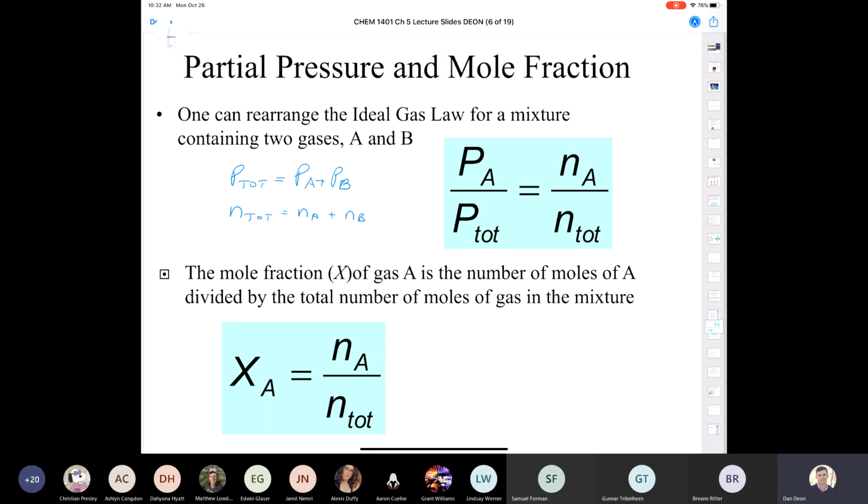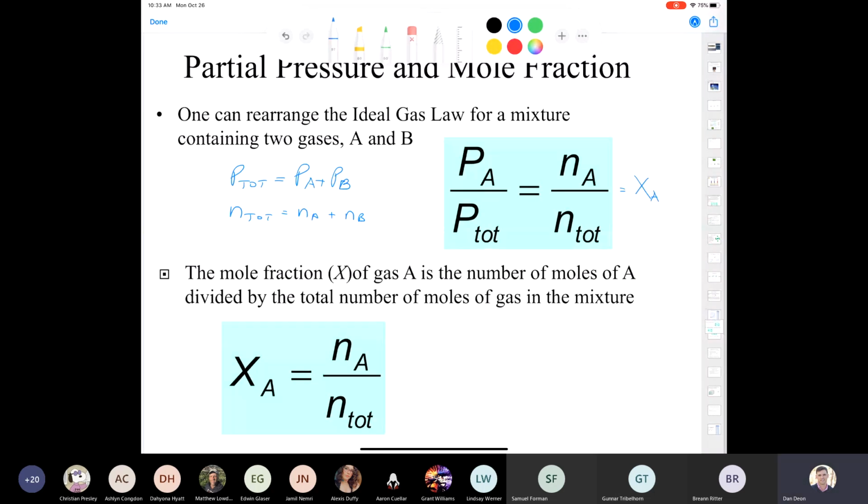Okay, well, the mole fraction, X of a gas A, is the number of moles of A divided by the number of moles of gas in the mixture. And so NA over N total is equal to mole fraction. So we could write that in here as equal to mole fraction.